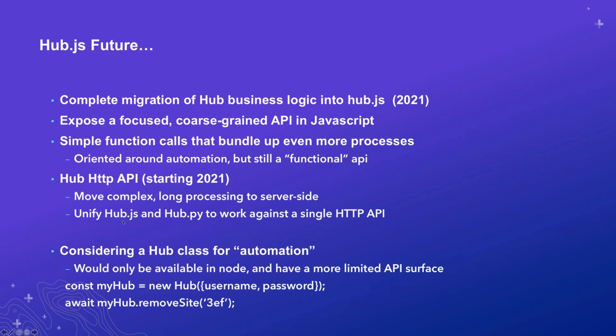It will also allow the Hub Pi system to basically use the Hub.js logic by making HTTP calls. So that's the goal there, because what Manushi's going to show you, unfortunately, is currently another copy of roughly the same logic, but done in Python.